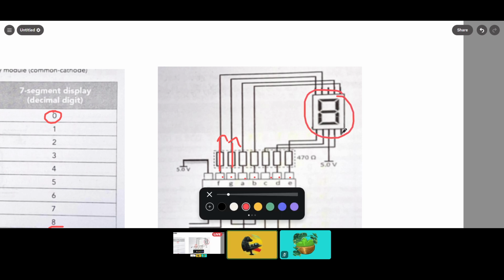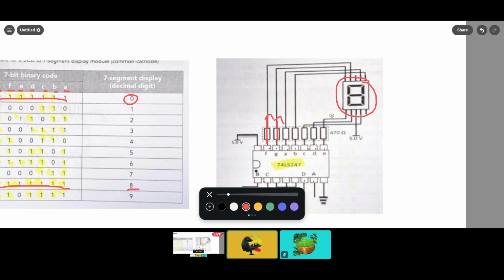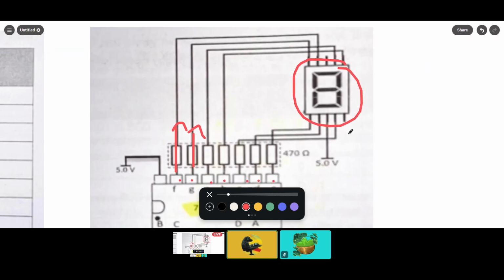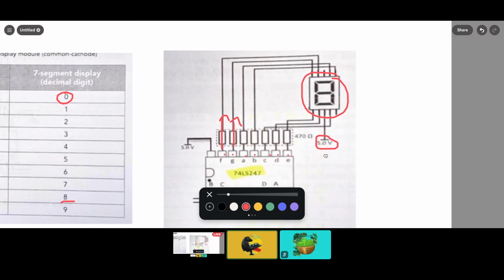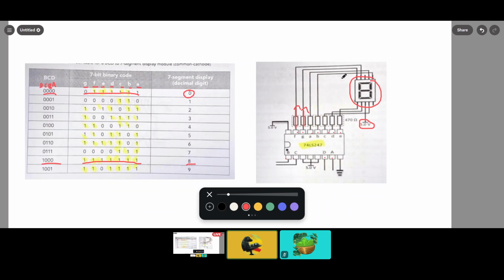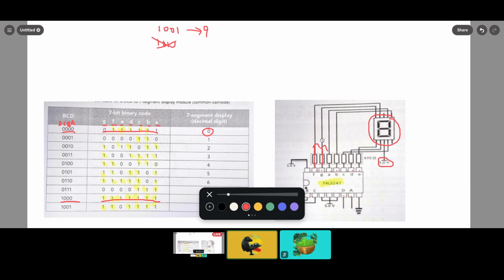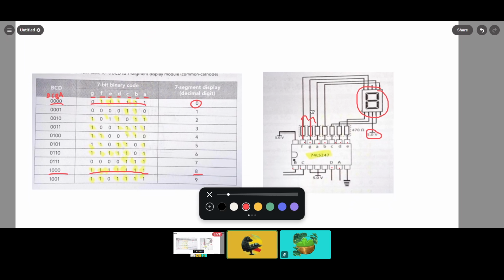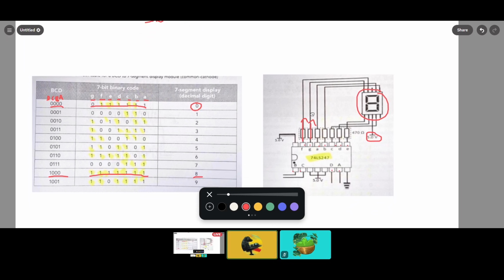One thing to note is the 7-segment display. I forgot, is this common anode or common cathode? I think this is common cathode. Basically, this chip only works with this specific type of 7-segment display and not the other one, because it does not really produce a logic 1.